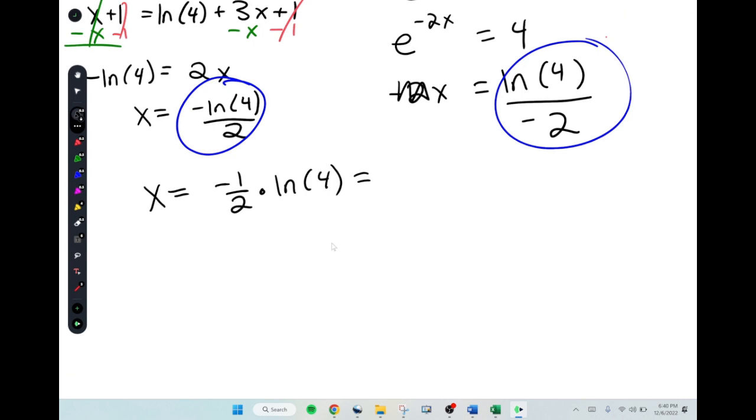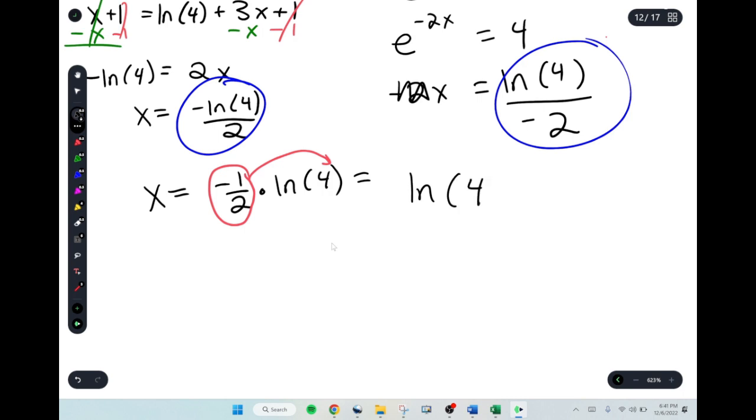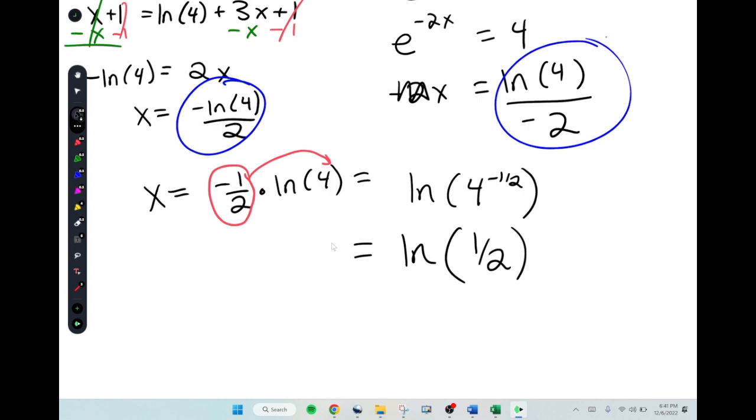There's a special rule for this thing. Oh, there's 2 ln of 4 raised to the negative 1/2. What is 4 to the negative 1/2? Right?